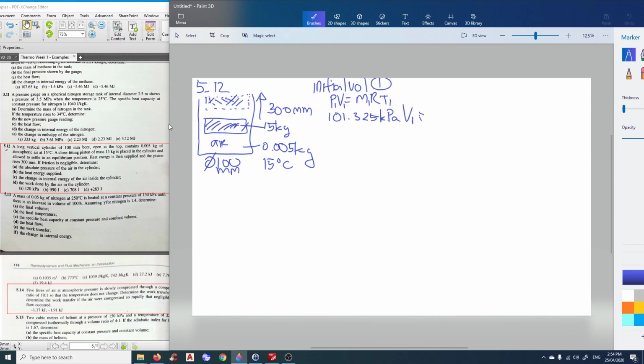Now the mass of the air is given as 0.005 kilogram. The R of the air is 287 joule per kilogram Kelvin, and the T, remember, is 288 Kelvin.